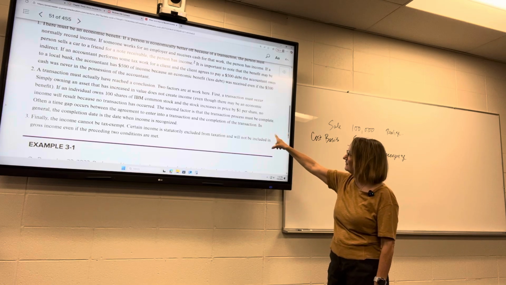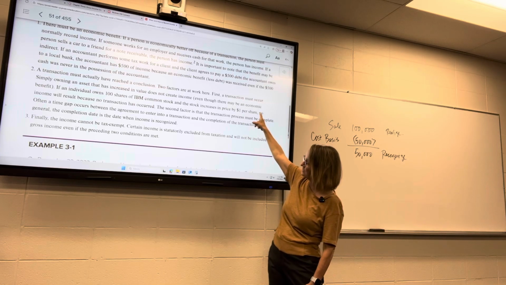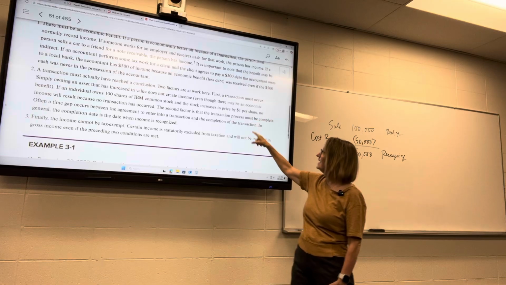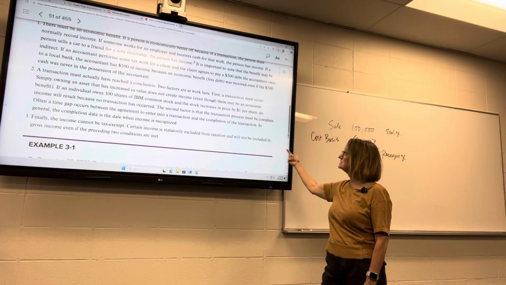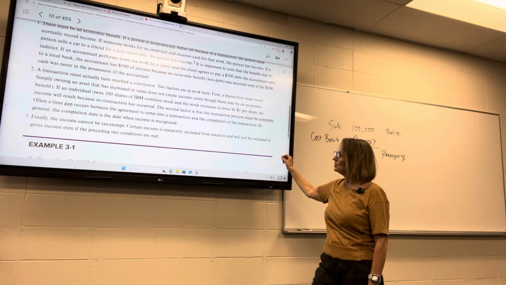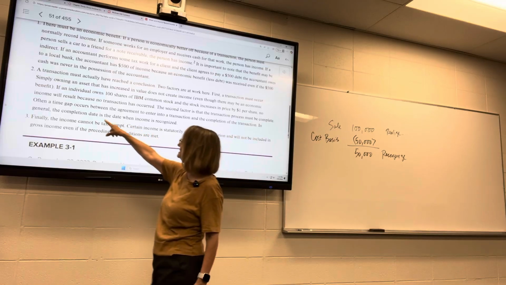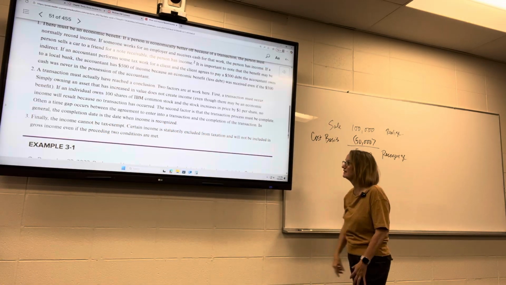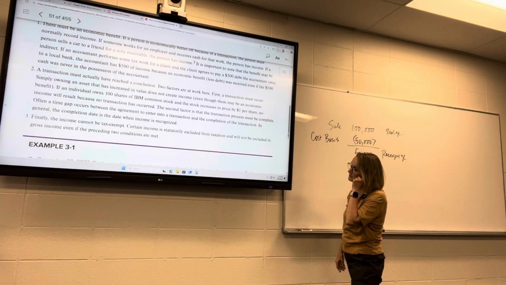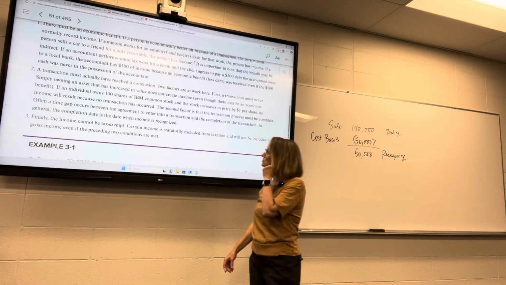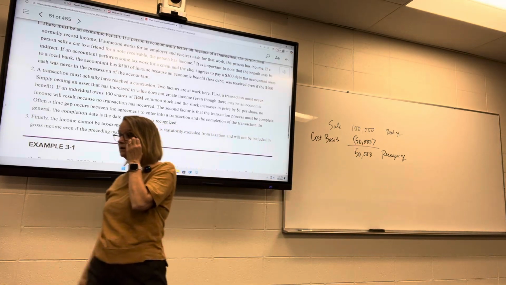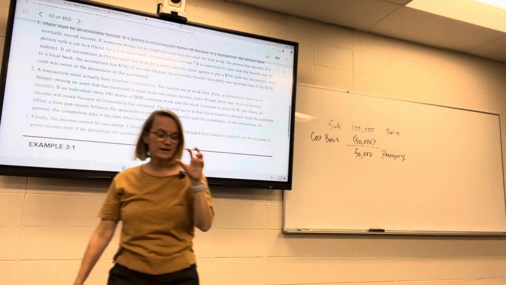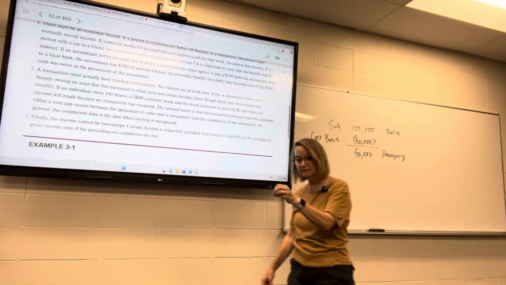So a second factor: a transaction has to occur, and then the transaction has to be complete. Often there's a time gap between the agreement to enter into a transaction and the completion of a transaction. The completion date is when the income is recognized. So whenever it's actually completed.